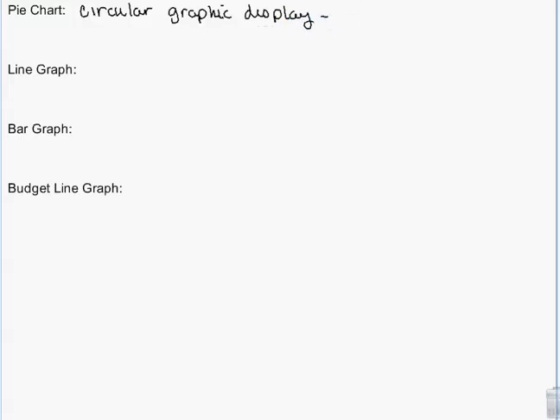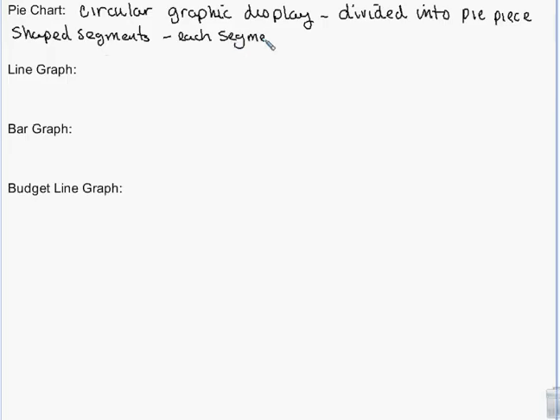And they're divided into pie-shaped segments, or, well, you know, pie piece segments. Each segment will represent a portion of the budget.